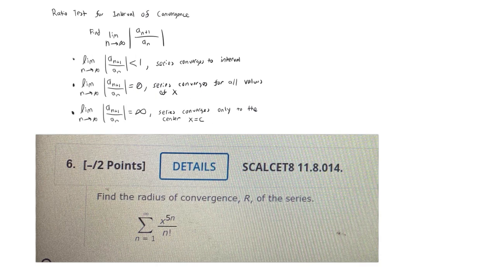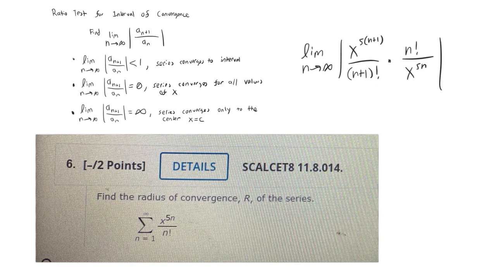Okay, so similar process here. I say we just cut to the chase. We do the limit as n approaches infinity of x to the 5 times n plus 1 all over n plus 1 factorial times n factorial all over x to the 5n. Using similar methods, we could recognize that this is certainly x to the 5n plus 5.